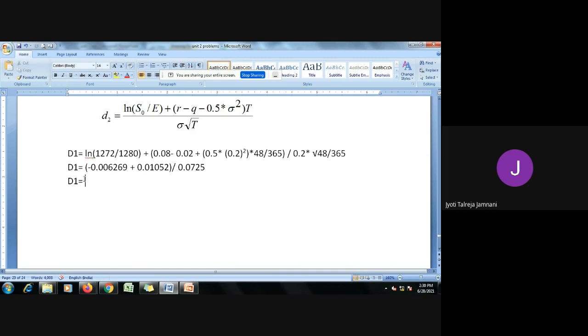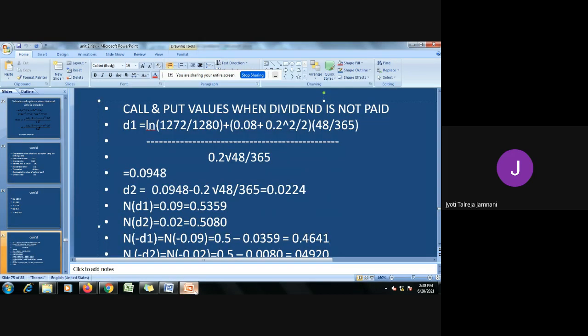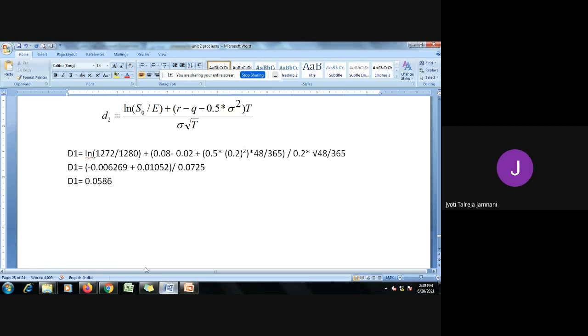Still I'm getting it as 0.0586. Is anybody doing along with me? Are you getting it as 0.0948 or you're getting this 0.0586?